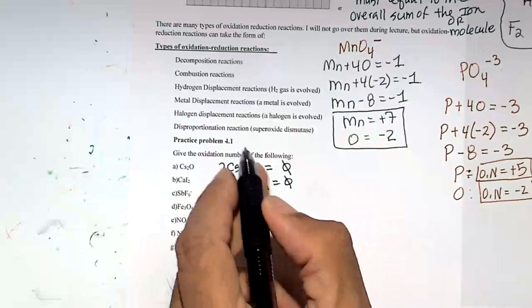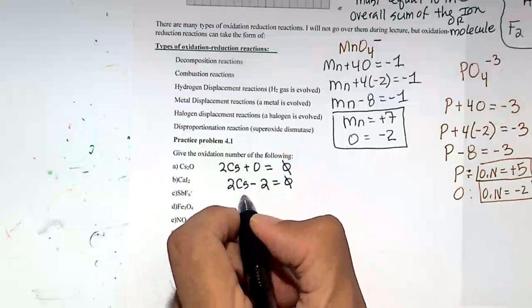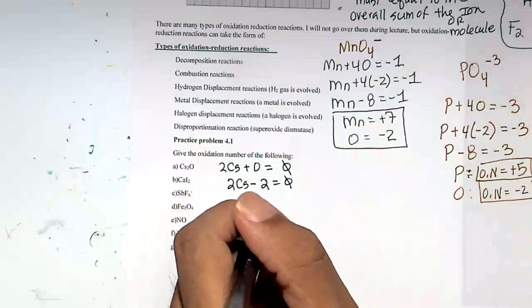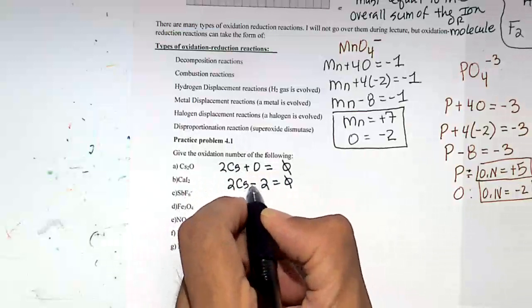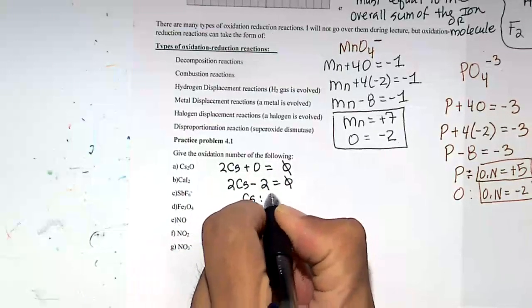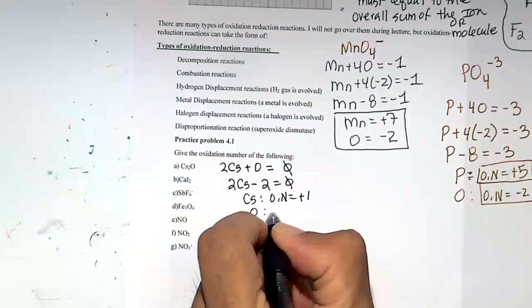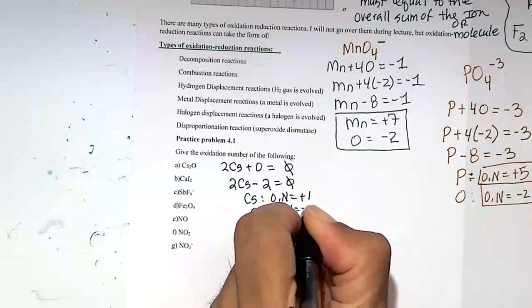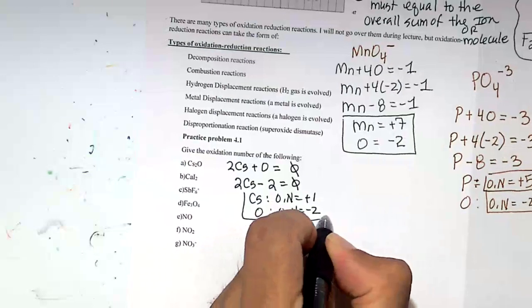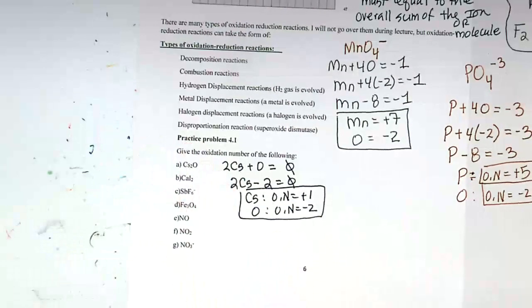Minus 2. Okay, so what will Cs be? Cesium? Okay, it will be the same as the ion, which is plus 1. So solving this for 0, you get cesium with an oxidation number of plus 1, and oxygen with an oxidation number of minus 2. So that's, oxygen minus 2, just know that.